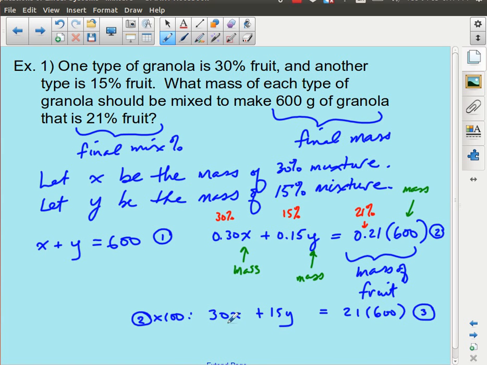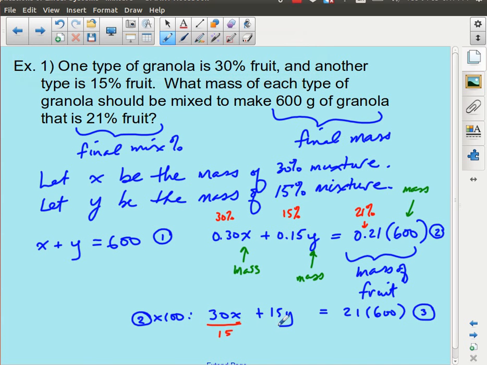But for the coefficients of x and y, you might ask, is there a number that goes into all of these? 30 and 15 goes into both of them, but 15 doesn't go into 21 over here. What about 15 going into 600? Does that work? 15 multiplied by 4 is 60, so 15 actually does go into 600. So I can simplify this whole equation.